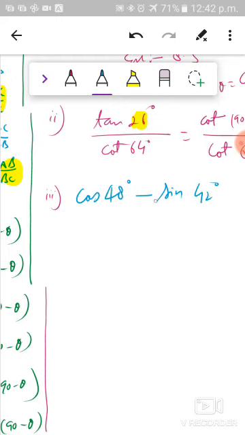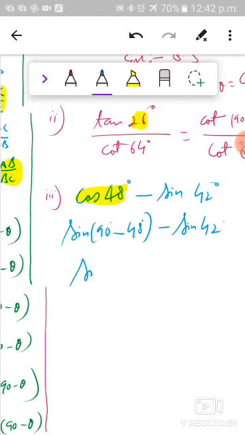As we know, cos and sin are complementary of each other. So this is cos theta. Cos theta, what can we write? Cos theta is sin 90 minus theta. What is theta here? 48 degree, minus sin 42 as it is.